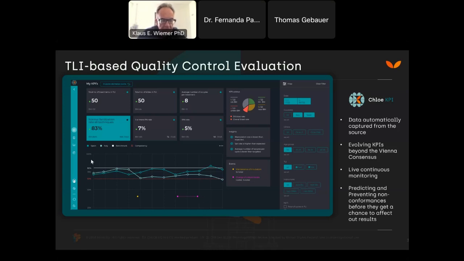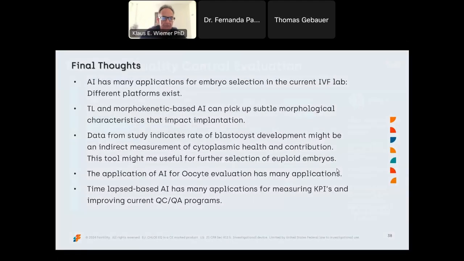So you can clearly look on an XY axis at cleavage rates and developmental rates and see how the products that you bring into your laboratory, or how certain technicians and embryologists are doing, impact outcomes as well. And this is data that you get within about 48 hours.